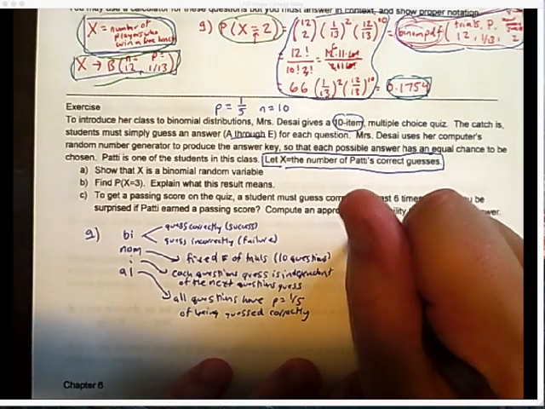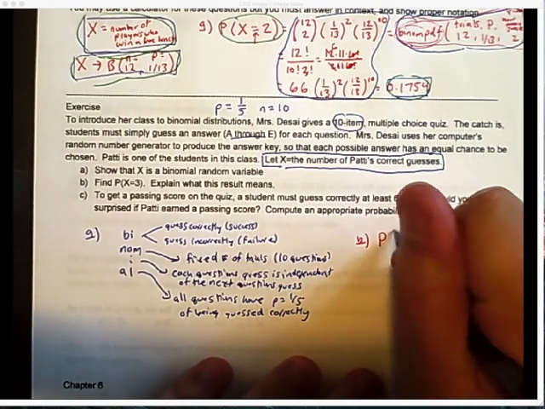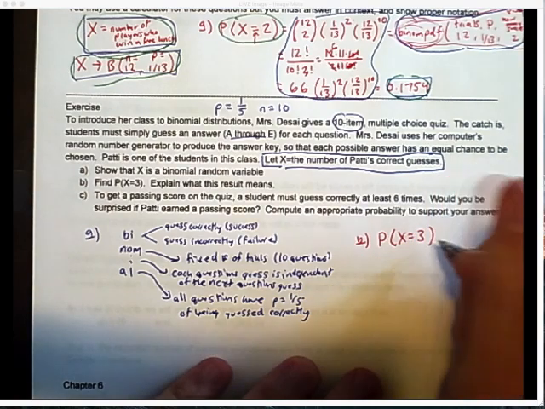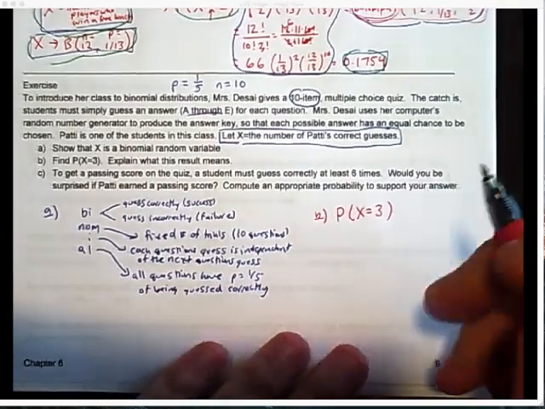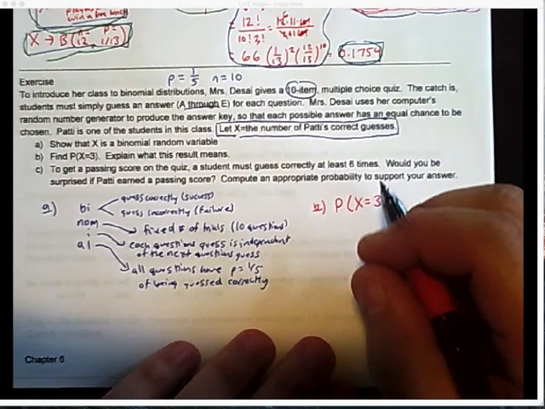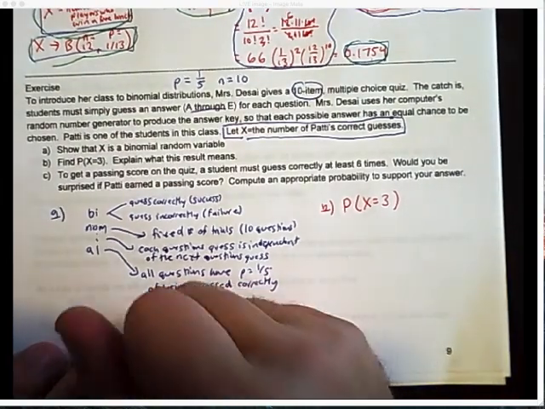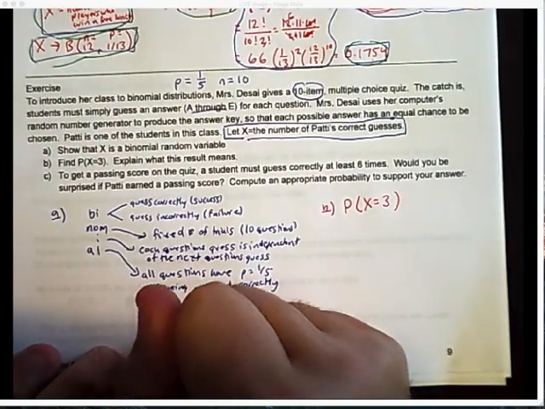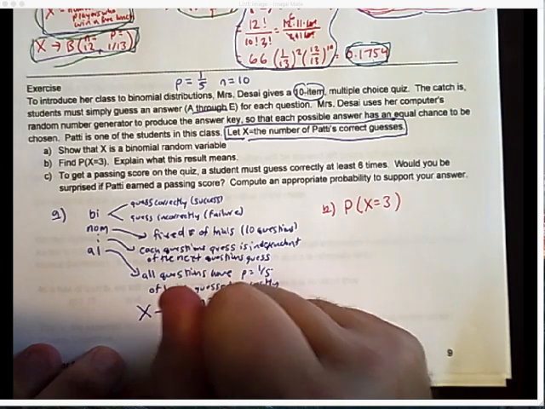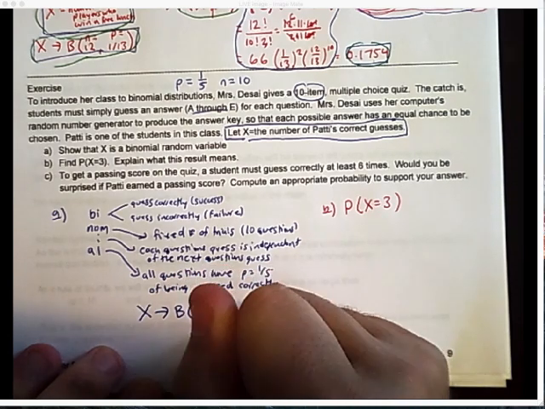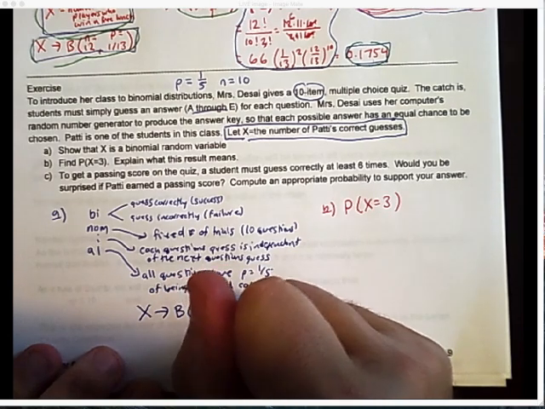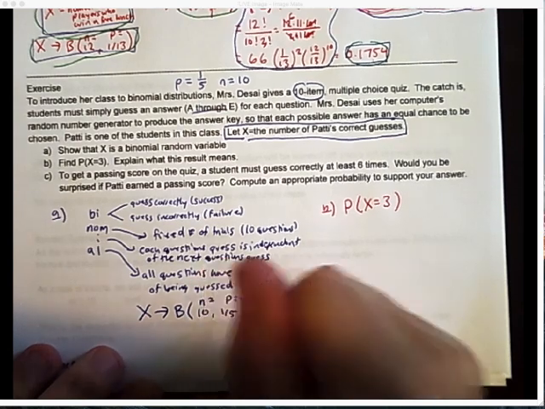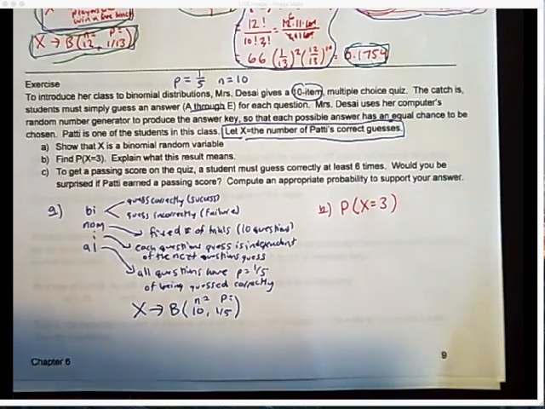So part B. It says find the probability that x equals 3. Okay. So this is a binomial distribution. All right. So here we can say x is a binomial distribution with fixed number of trials equals 10, and the probability of success on any trial is 1/5. Okay.